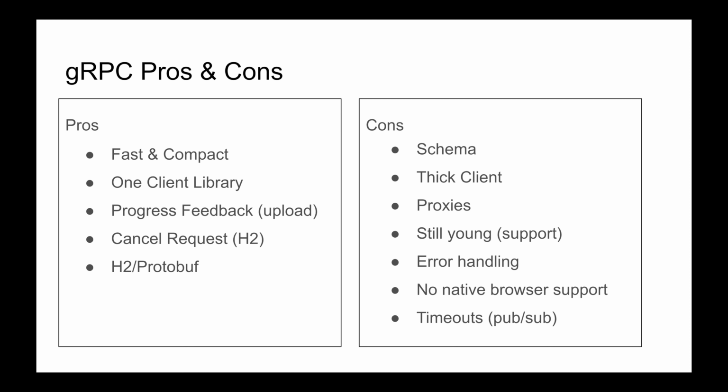Let's do this. The first pro is that it is fast. And when we say fast, I know it's not just a marketing word. It is fast for a reason. It's compact, right? We're using protocol buffers, so everything is a binary format. We're not sending JSON across the wire. We're sending the slimmest format possible, which is binary.